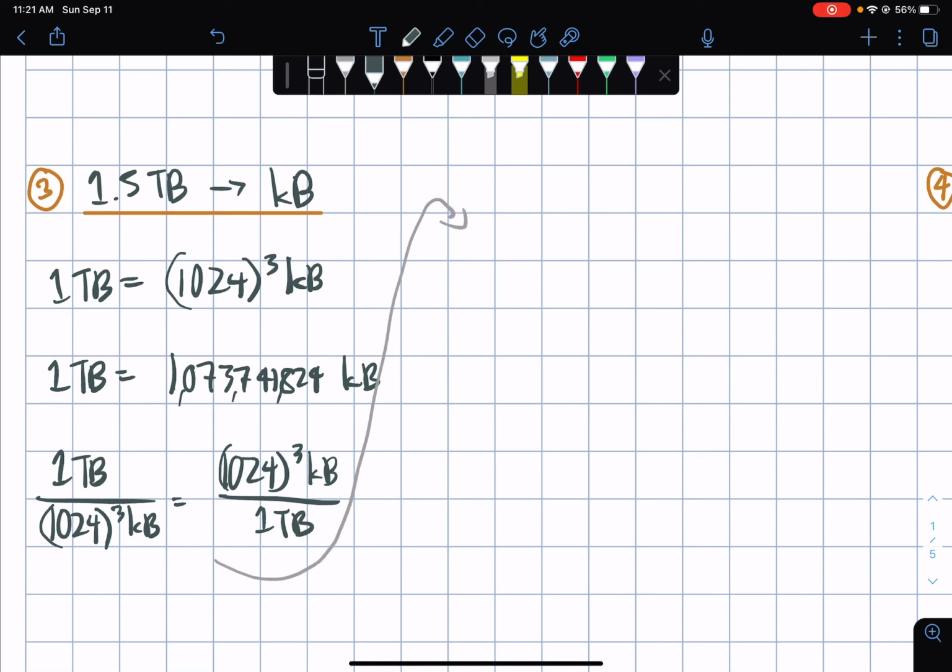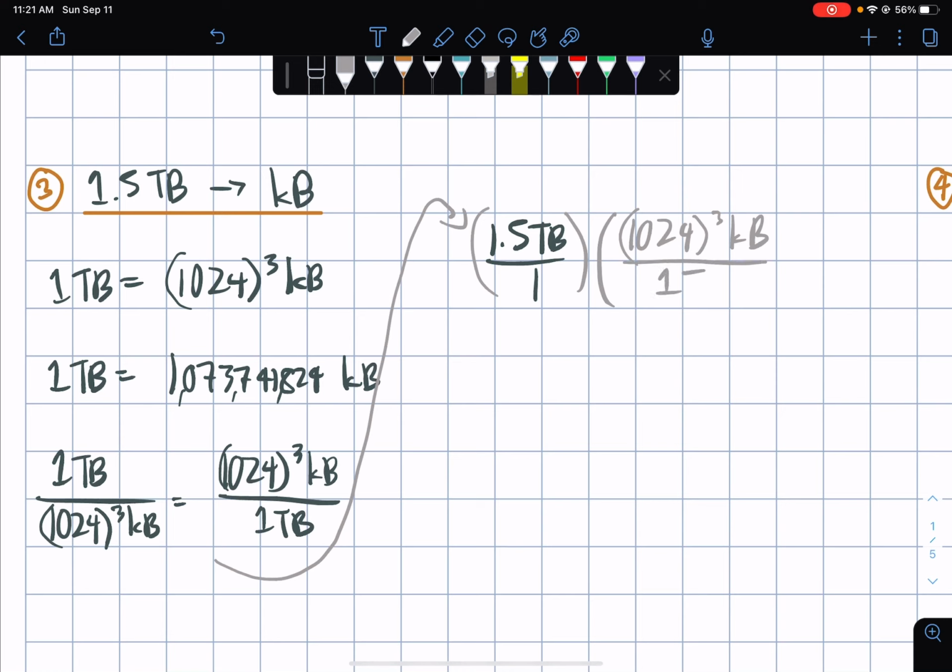Okay, so 1.5 terabytes over 1 times 1024 raised to 3 KB over 1 terabyte. So 1.5 times this quantity, our answer is, I'm sorry, the number is quite big. Let me write the answer number by number.